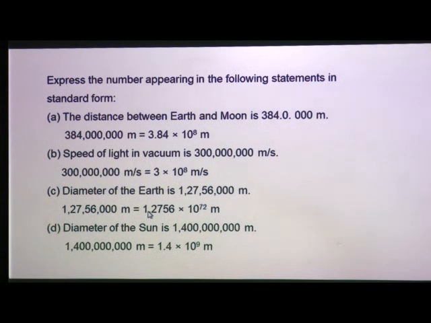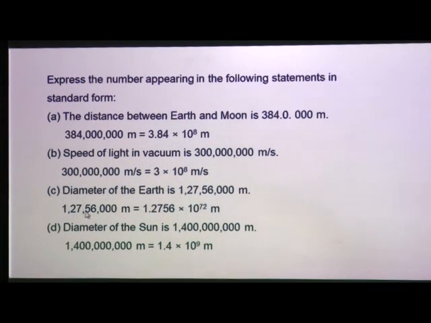Here we do not have a decimal, but we have to write it with a decimal, then only can we write it in exponential form. Here it is some printing or typing mistake. So, here it is 1.2756, then after the decimal 1, 2, 3, 4, 5, 6, 7, it is only 7. Here it is given in meters, so we write it as meters, 10 raised to the power of 7.